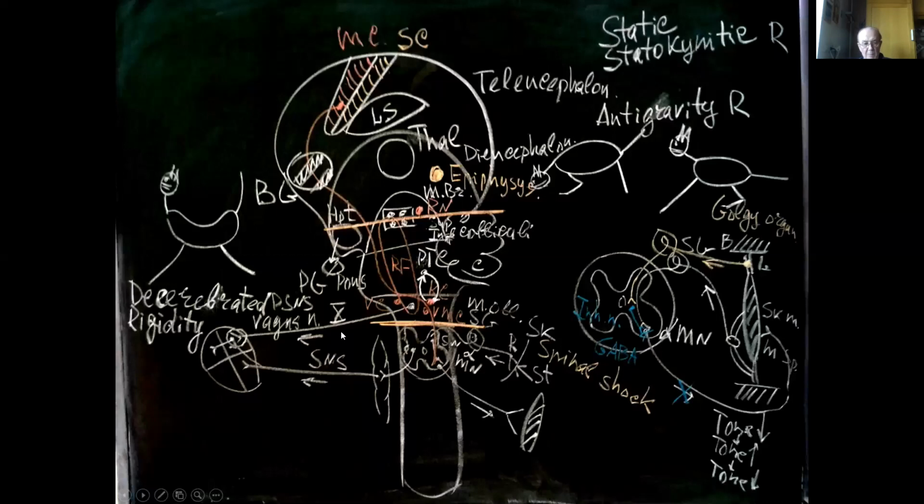At this plan, I present to you only the structure of the efferent part from the central nervous system to the viscera. This is like the example.